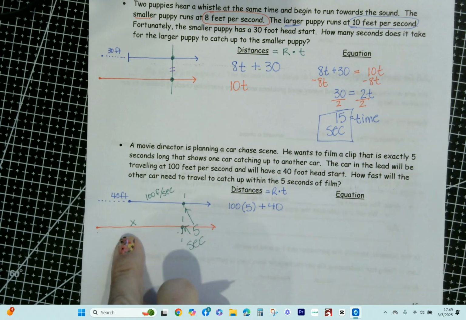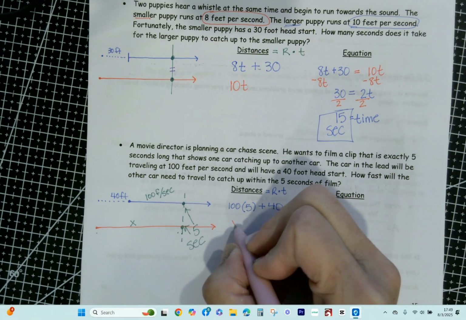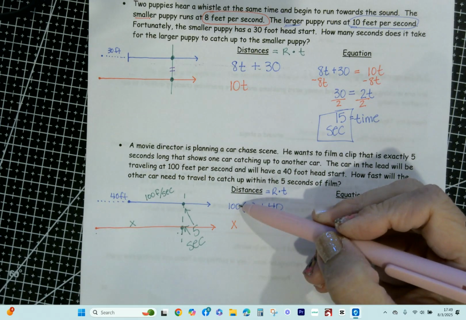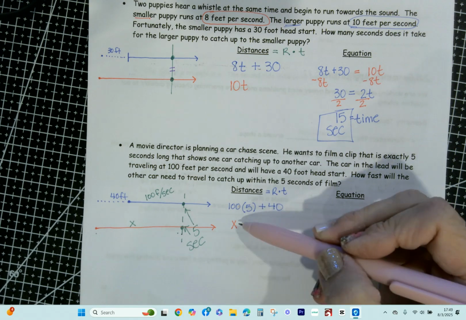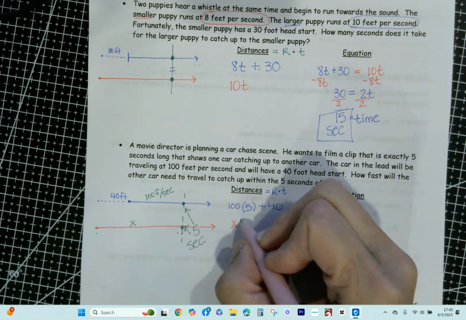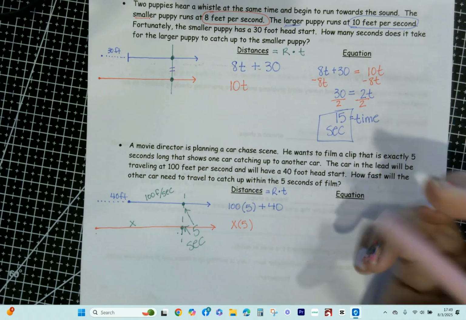Now the car over here, we know that it's going to be going some sort of speed. This is the speed times the seconds. This speed is unknown, but I know that we're doing 5 seconds. I just don't know anything else.